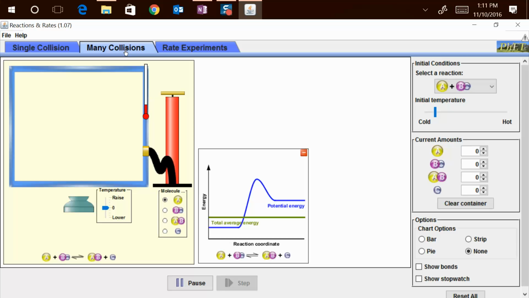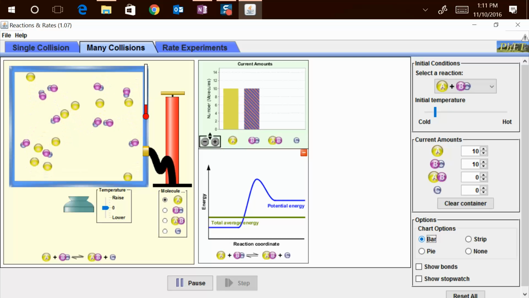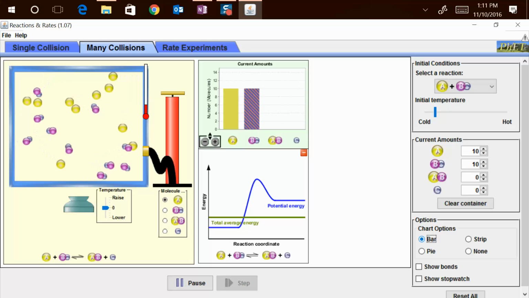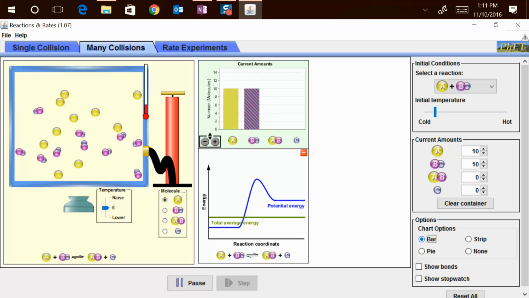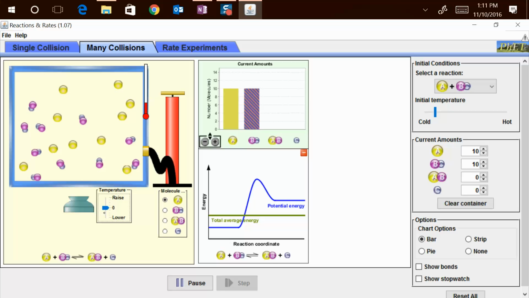Okay, so let's say I have 10 molecules of a reactant A, and it reacts with 10 molecules of B. Okay, so at first, this is what I have. A and B, they're reacting. Okay, they're in this vessel, they're going to collide, they're going to react, and so let me increase the temperature a little bit so we can get this thing going a little better.